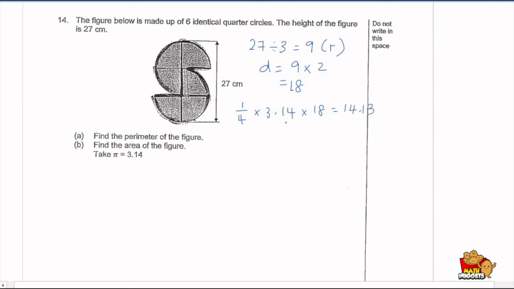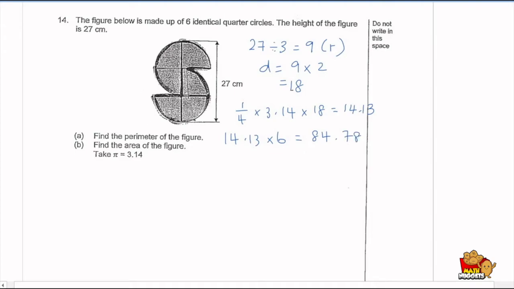That gives 14.13. How many quarter curves are there? 1, 2, 3, 4, 5, 6. So I just need to find 6 of them. That gives 84.78.